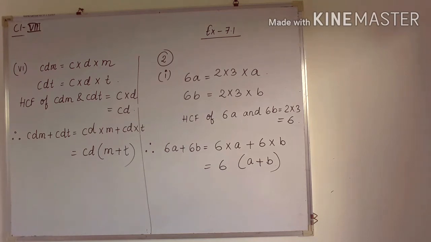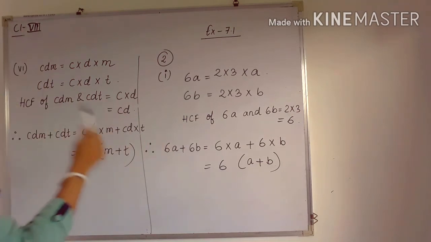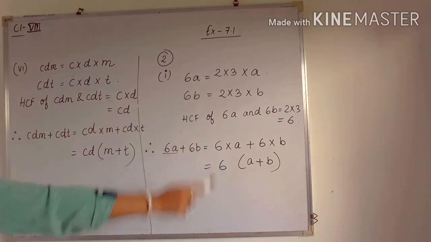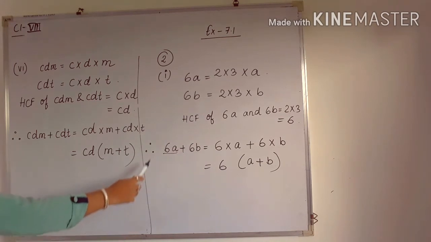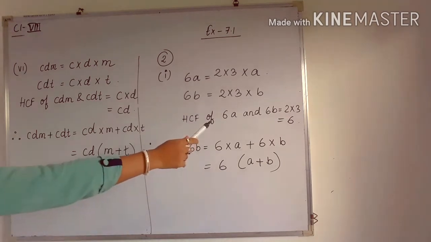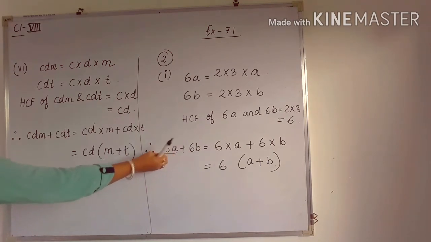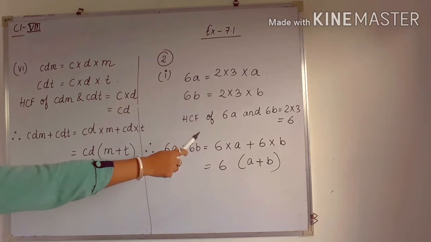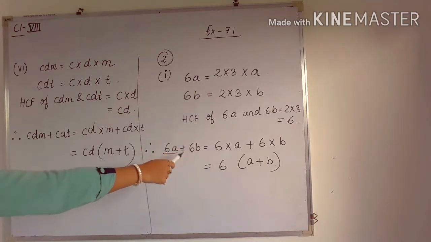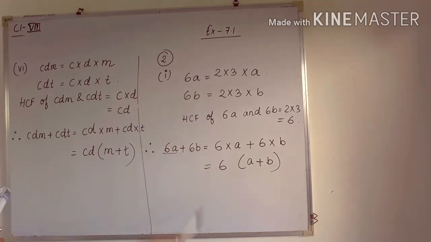Okay. So therefore 6a plus 6b will be equal to, 6a can be written as 6 into a, because we got 6 as the HCF, so we have to take out 6 as common. Similarly 6b can be written as 6 into b. So you can see here what is common in both cases.